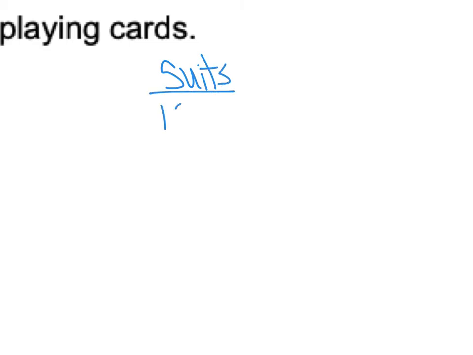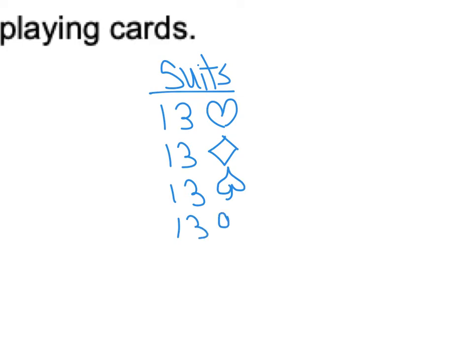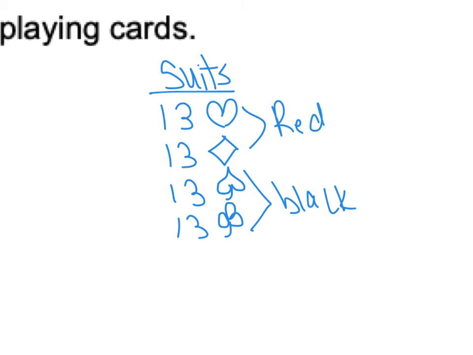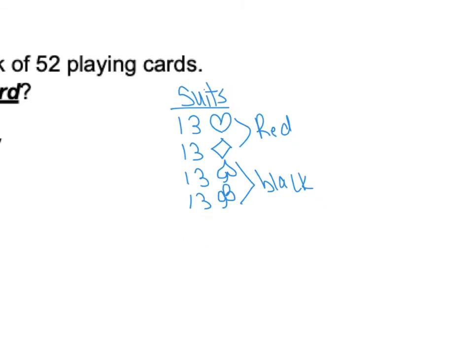So there would be 13 hearts, 13 diamonds, 13 spades, and 13 clubs. These are both black, and these are both red. So there's 52 cards, and there's 13 of each suit.